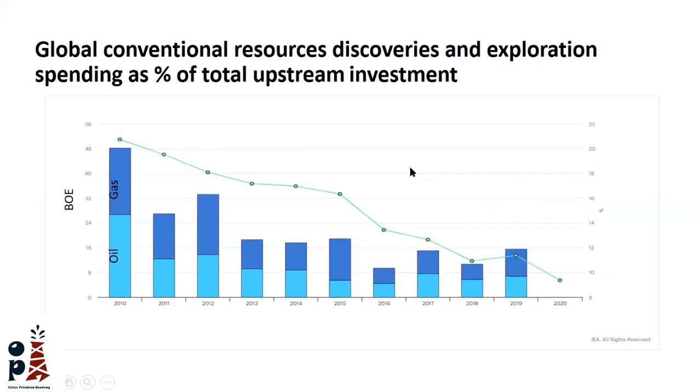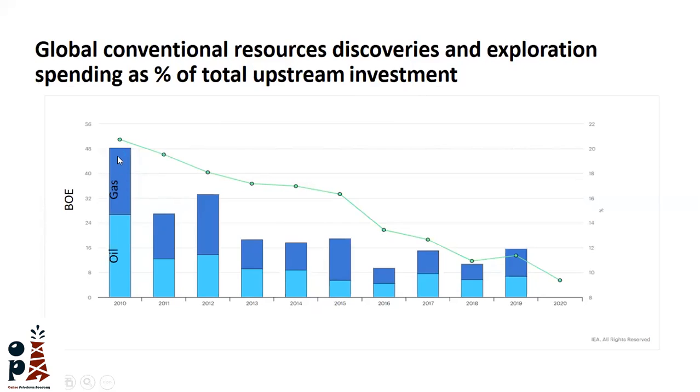The second slide is about the share of exploration in the total upstream investment. If we look at 2010, we find that exploration has 20% of the total investment, then decreasing with time. And this is the equivalent billion barrels of oil equivalent of gas and oil recovered from this investment.